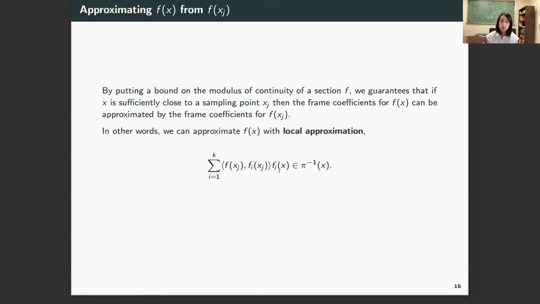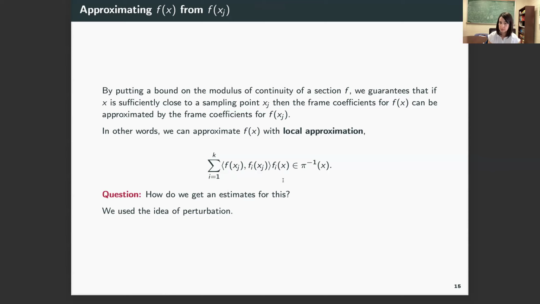In other words, I want to approximate f of x with what I call local approximations, by looking at the nearby sampling points, where the whole thing is on the fiber.